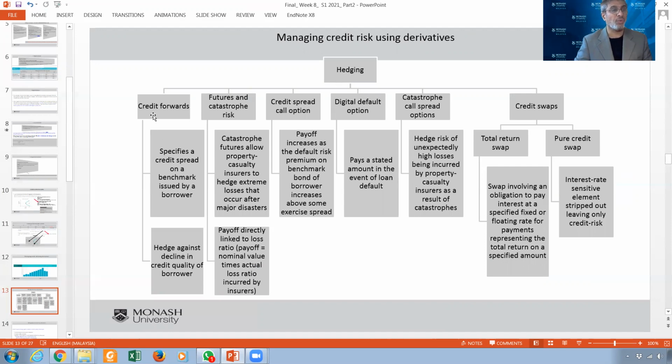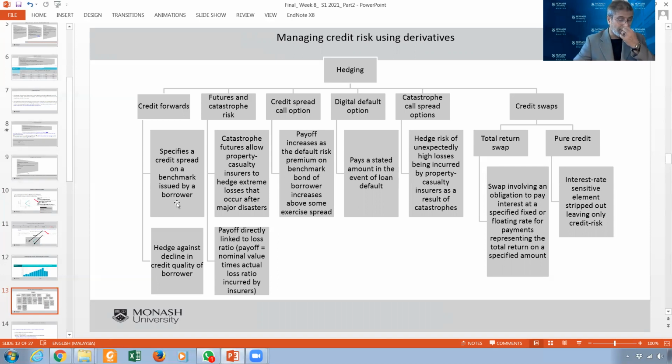So we have the credit forwards, which is specified as credit spread on benchmark bond issued by the borrower. So if I issue a loan or I buy a bond, when the borrower, for example, has a spread of 5%, then suddenly after a year, the spread becomes 10%.